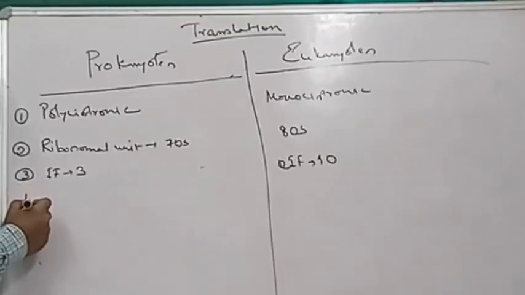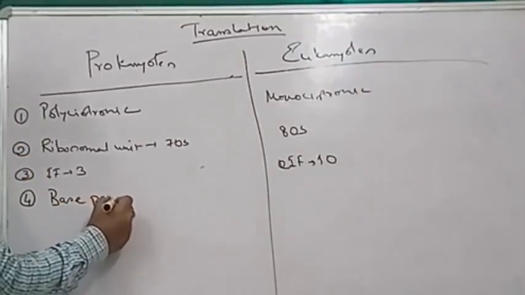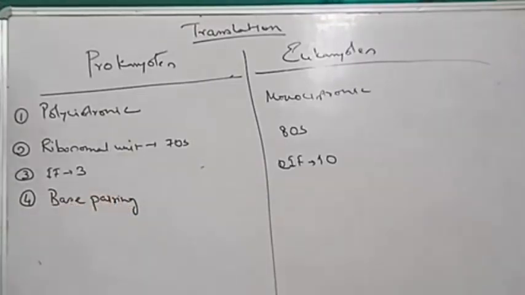Similarly, number 4, the attachment of mRNA with the ribosome, here it will be based on base pairing, as I said, base pairing of the 3' end of the 16S rRNA of the smaller subunit 30S with the Shine-Dalgarno sequence, which is 6 to 10 base pairs upstream of the initiator codon. They will have a complementary base pair, and pairing up is going to attach the messenger RNA with the ribosome.